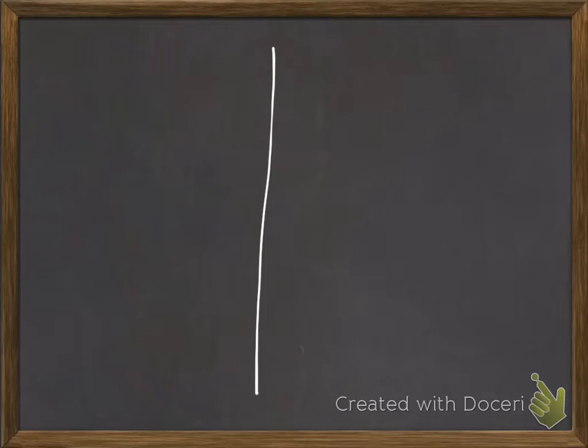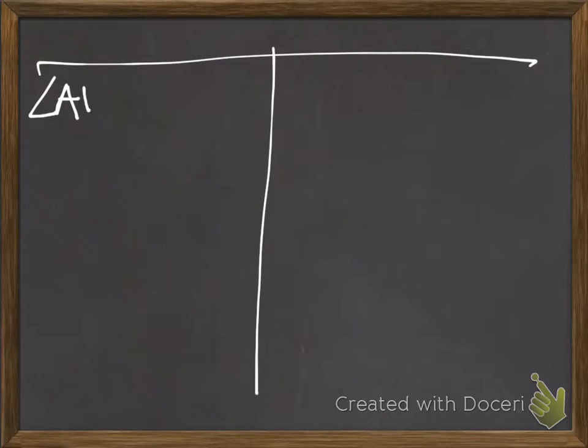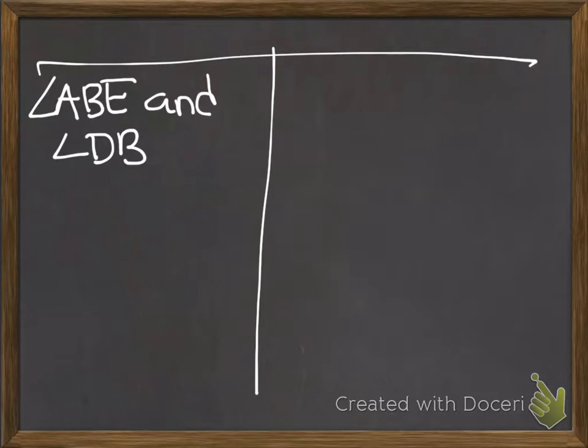So we're going to set up our two-column proof. We are given that angle ABE and angle DBC are right angles.